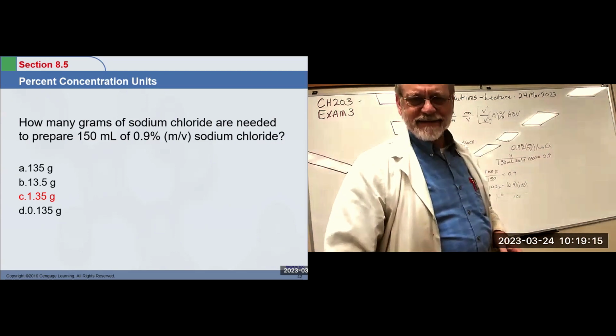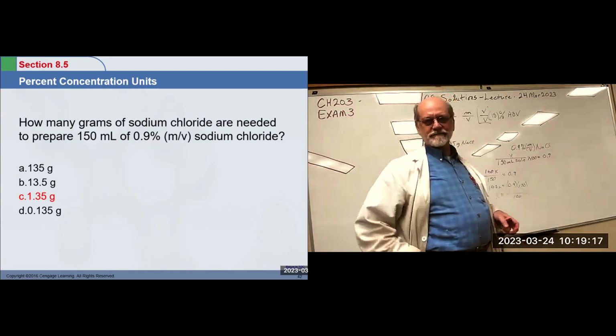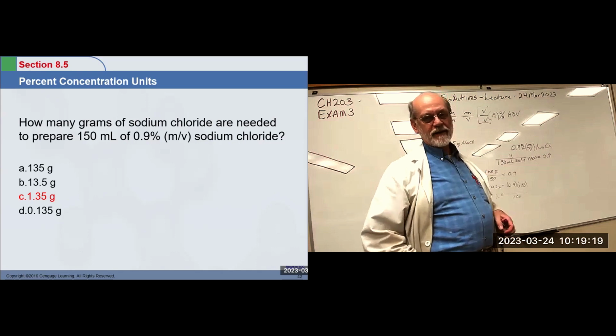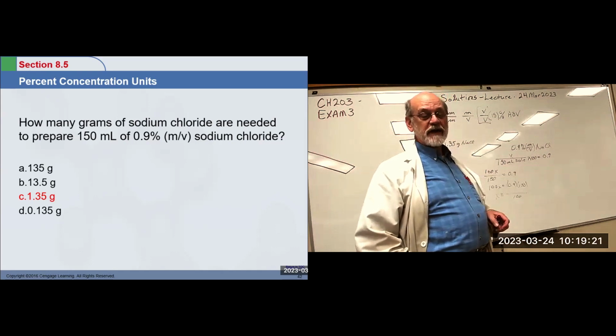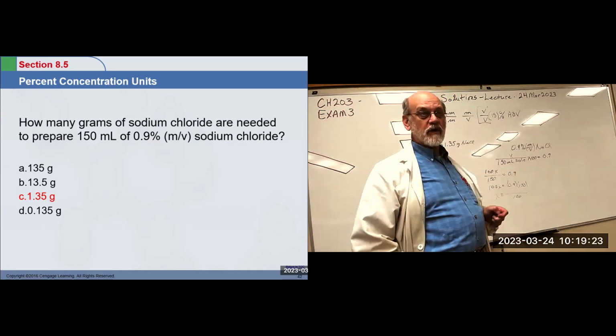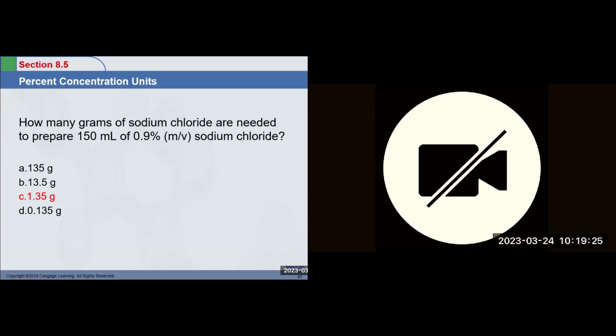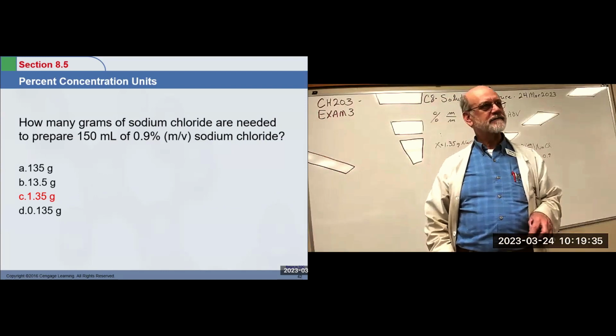Now, why did they pick that example? Because 0.9% mass volume sodium chloride is isotonic. Sounds like a heartbeat.